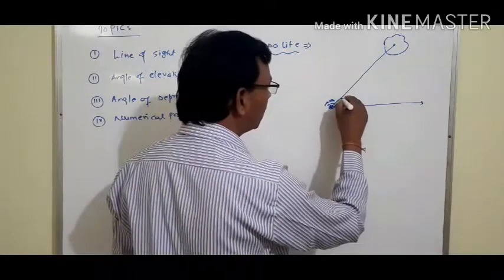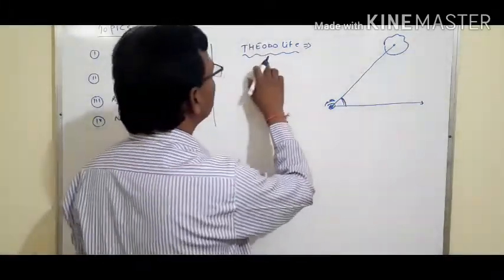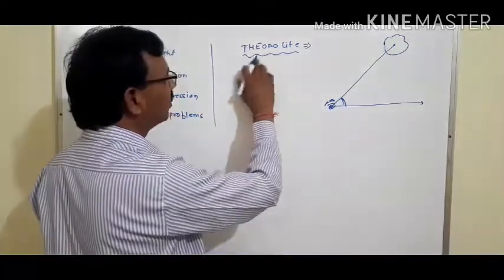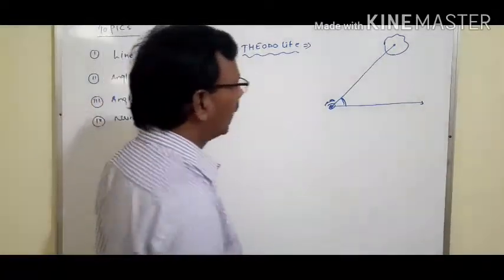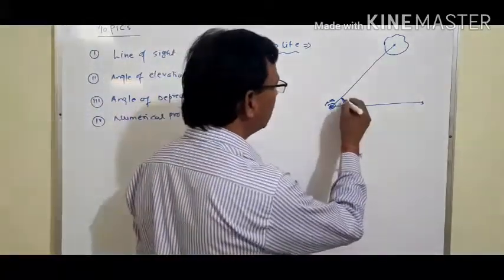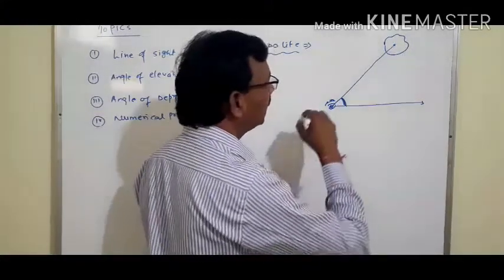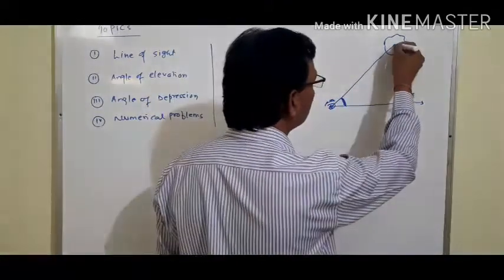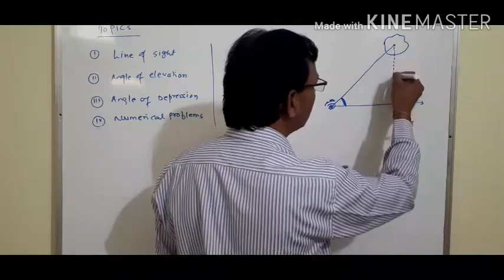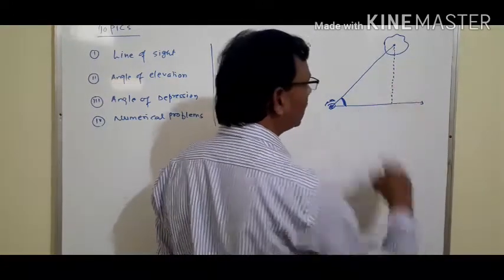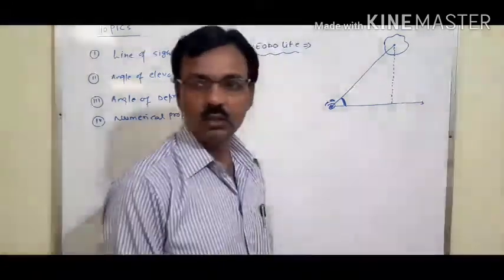This angle is measured by this device, which is known as theodolite, and if you find this angle, then you can find the height of this object from the earth or that horizontal line.